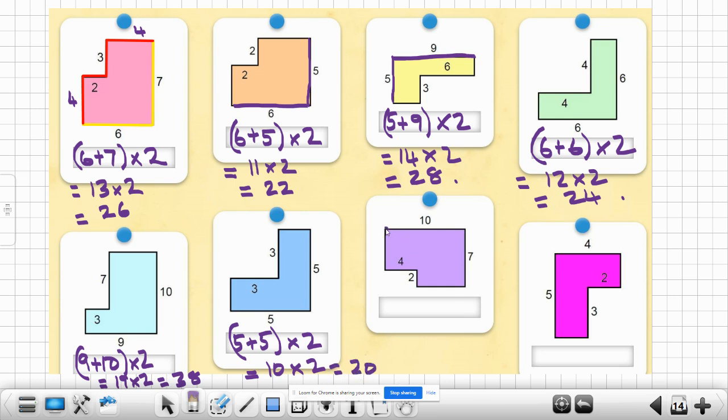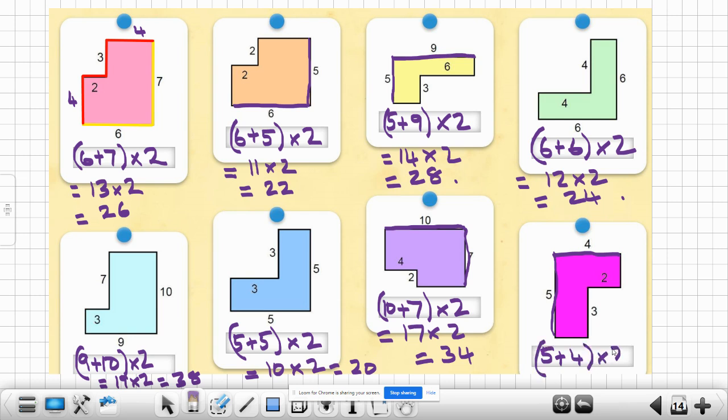10 by 7. So add them together, multiply by 2, 34. And finally, 5 and 4, multiply by 2, which is 18.